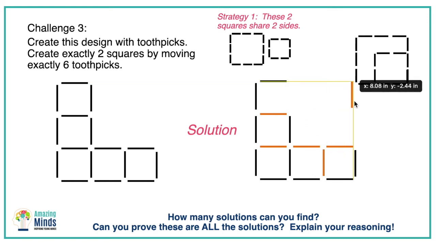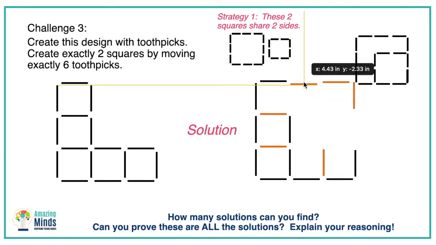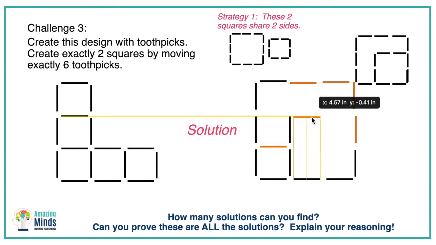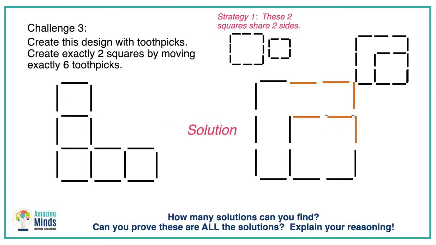So it doesn't really matter how you move them, but you're going to move those 6. And you have a solution. Fantastic. That's one solution. Let's see if there are others.